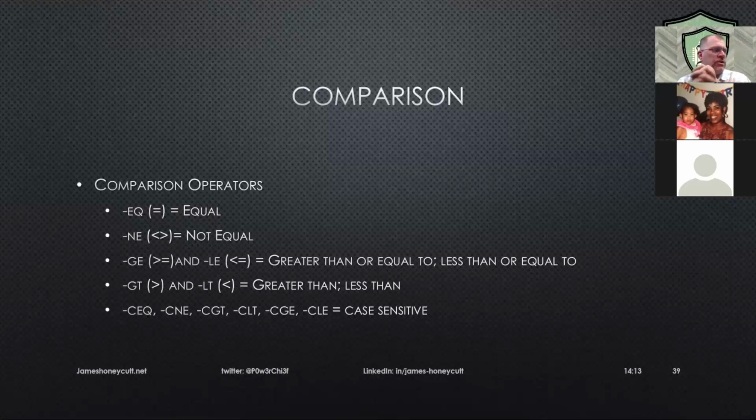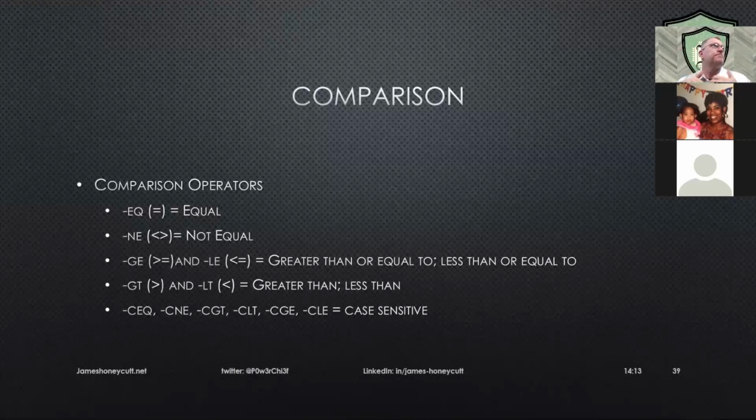One of the other scripting languages I was tinkering with, you could do that. PowerShell, you can't use the symbols. You have to use the letters. So -ge greater than or equal to, -le less than or equal to.